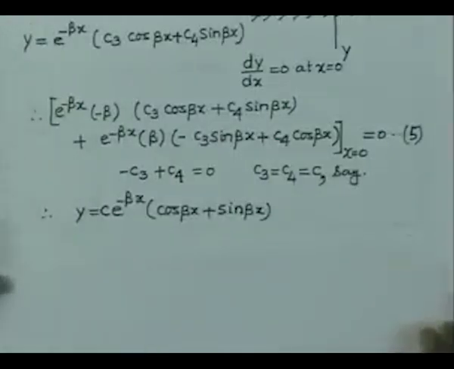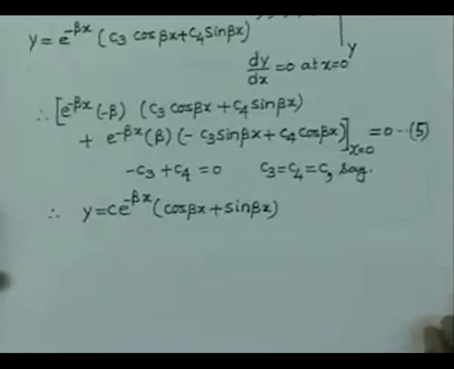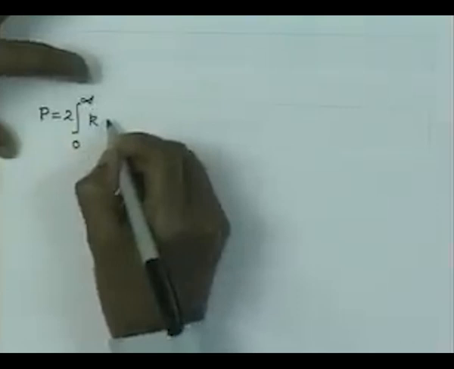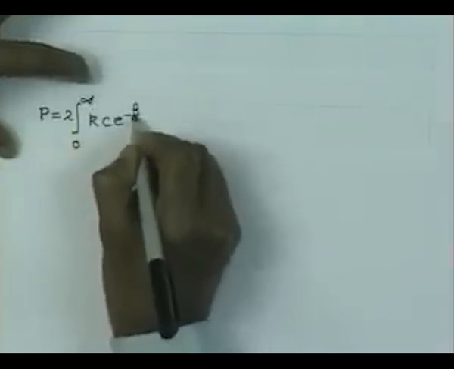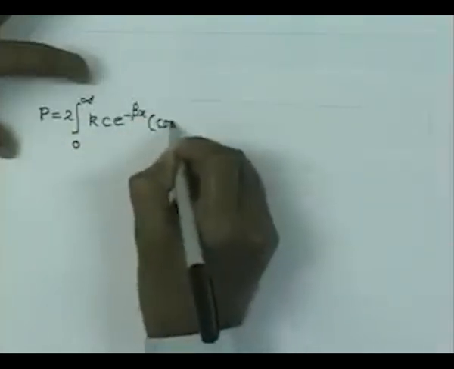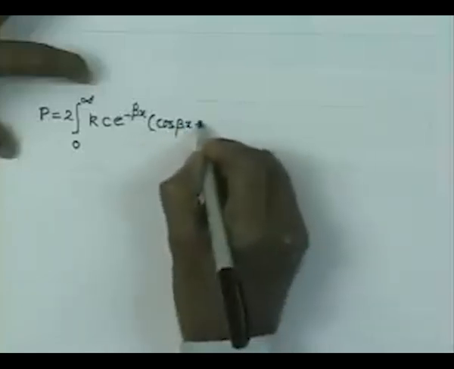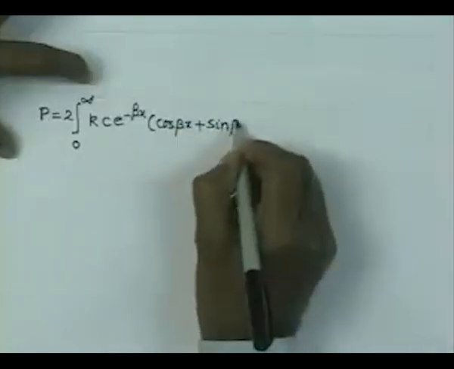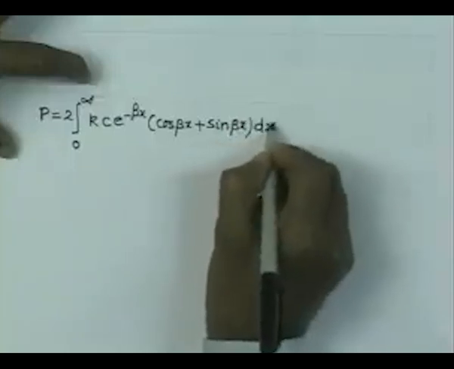Now, if we try to consider the reaction at every point and then try to sum up, that will give us this expression. So, P equal to twice integral 0 to infinity k times y, e to the power minus beta x into cosine beta x plus sin beta x dx.